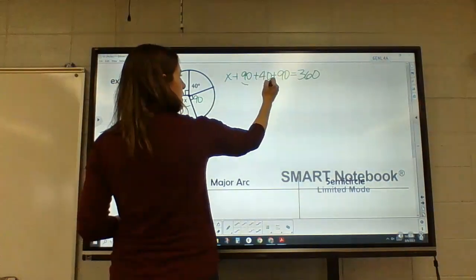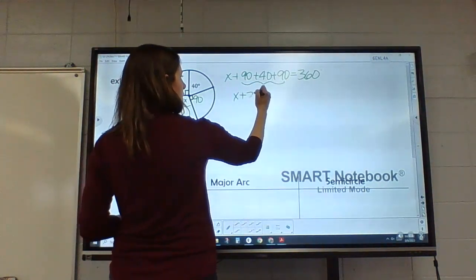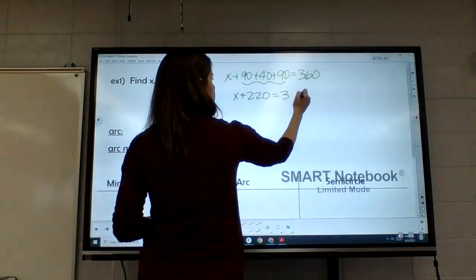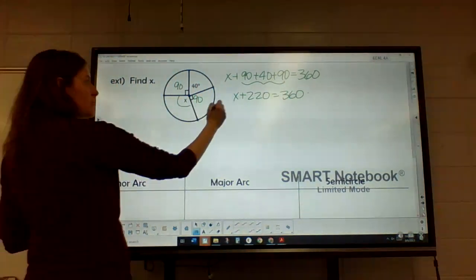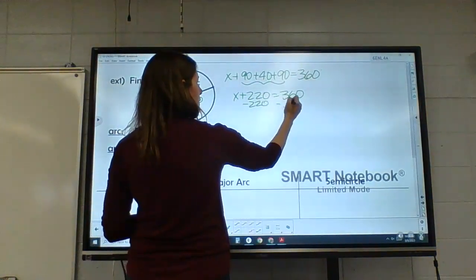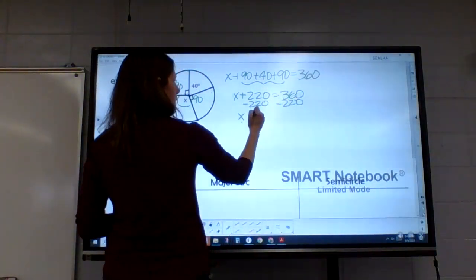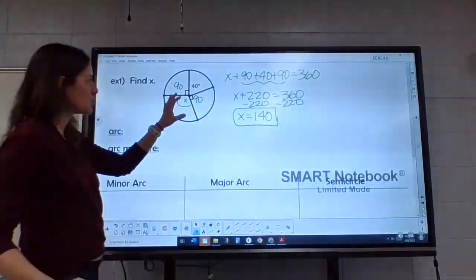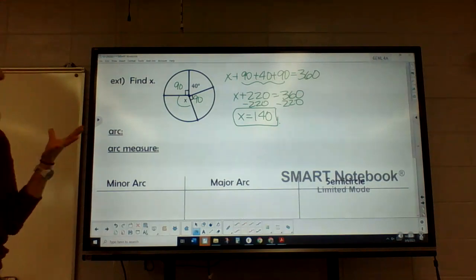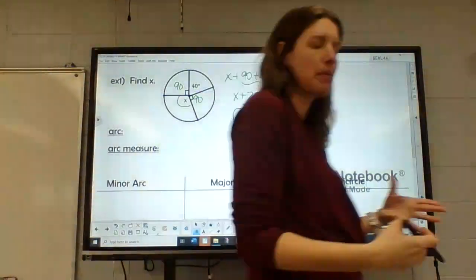I'll put these three together. So X ends up being, I move this 220 over, X ends up being 140 degrees. If I go back and look at my drawing, that makes sense. It's an obtuse angle, and it looks pretty reasonable that that could be 140.